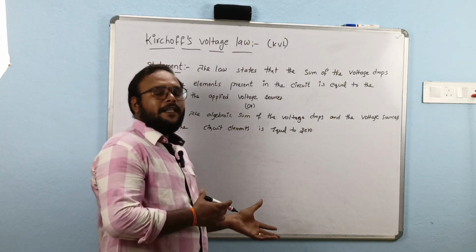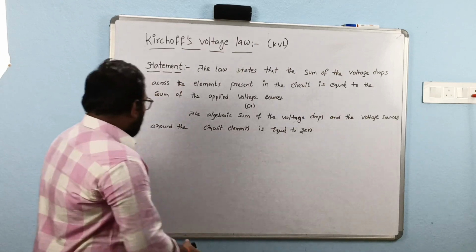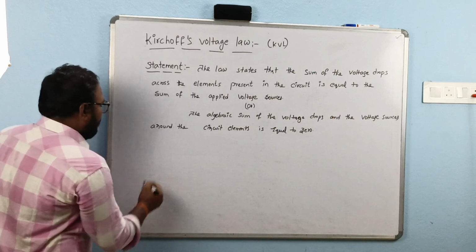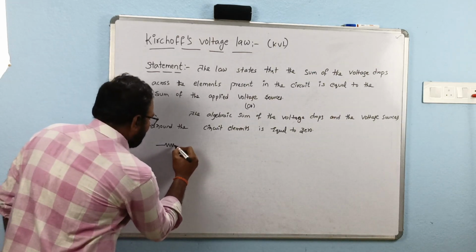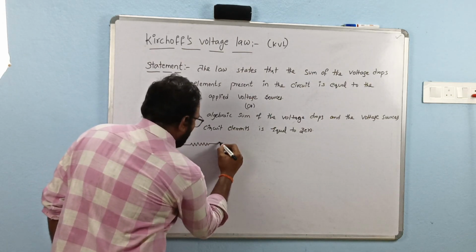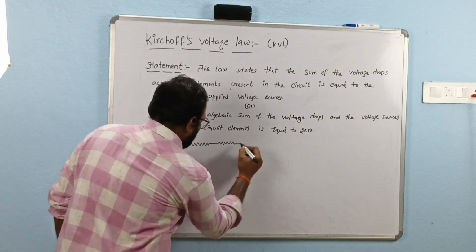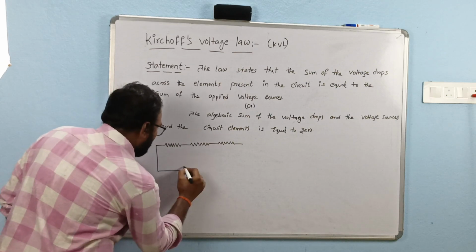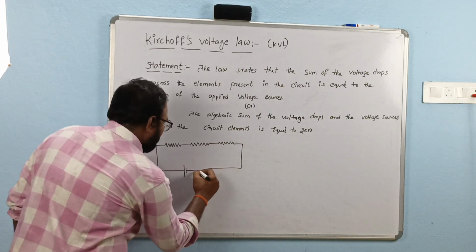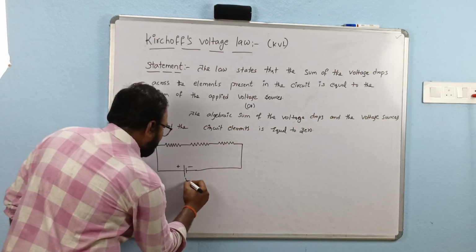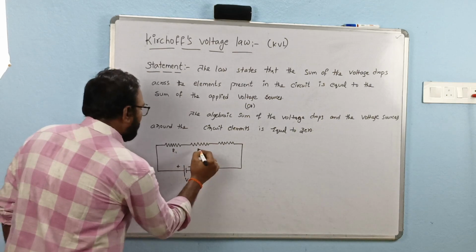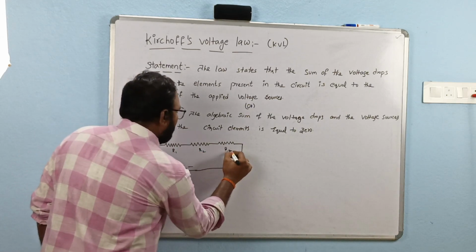Let us explain this statement by using a circuit. For example, let us take a circuit like this. This circuit is connected with a voltage source, plus minus Vs, and the resistors are R1, R2, R3.